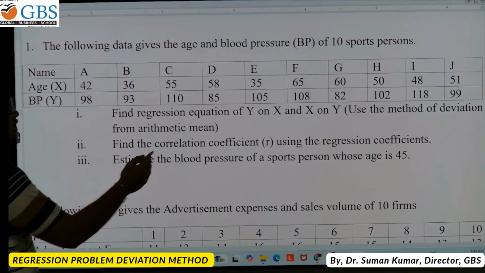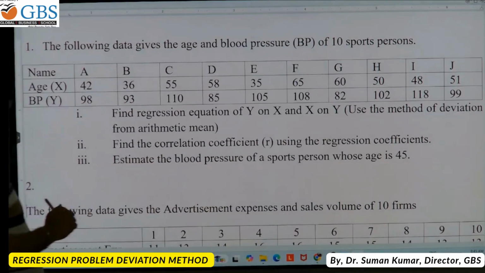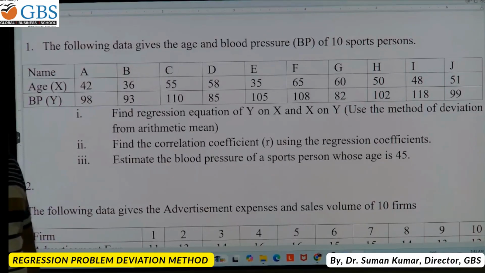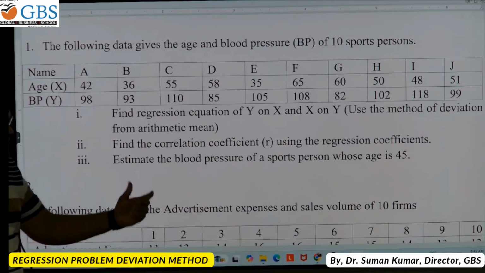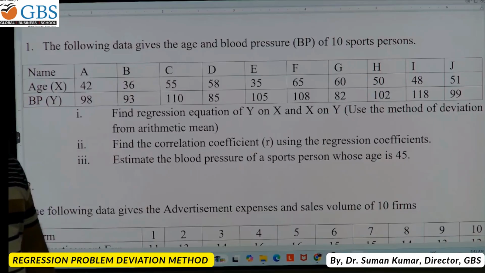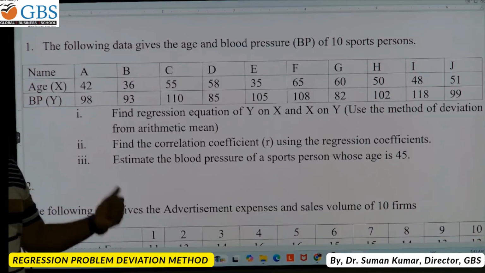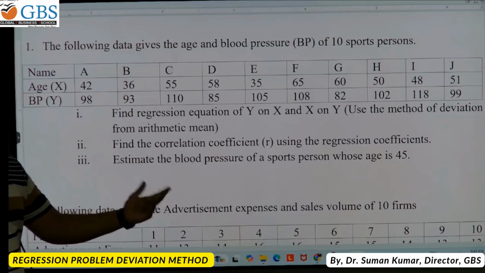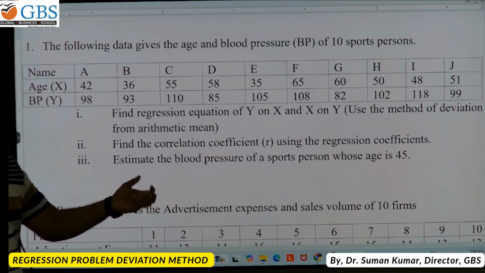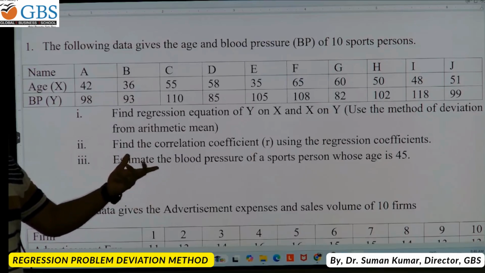Find the correlation coefficient. I am saying this kind of question is important because correlation is also asked, and regression also. So 2 concepts are covered. You can expect this kind of question in exams.